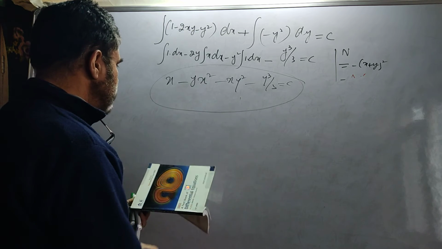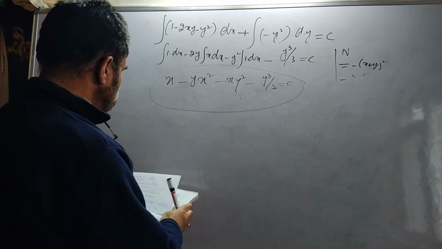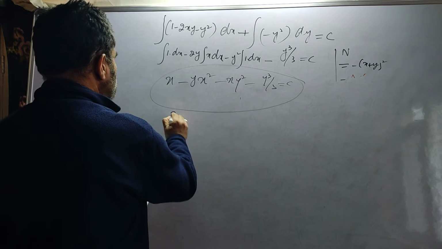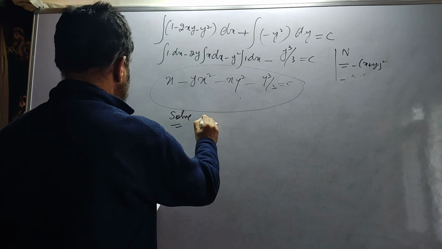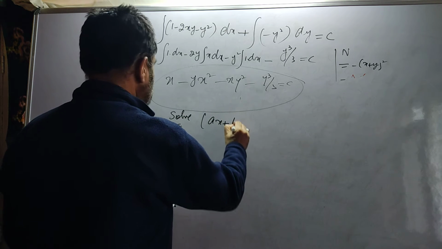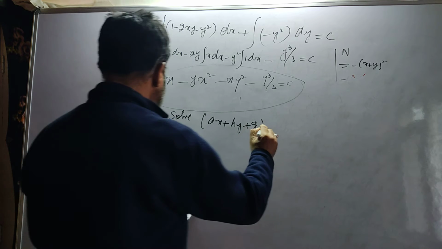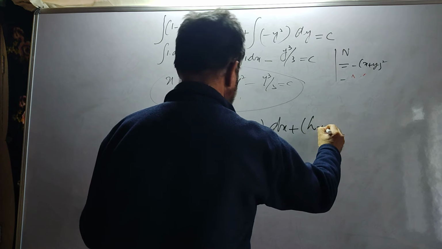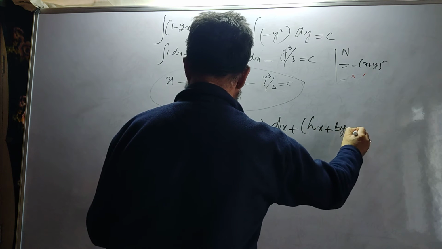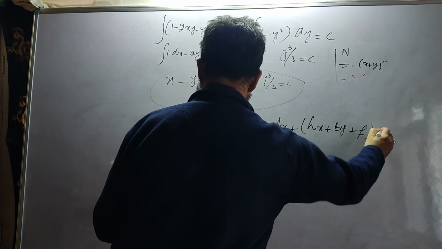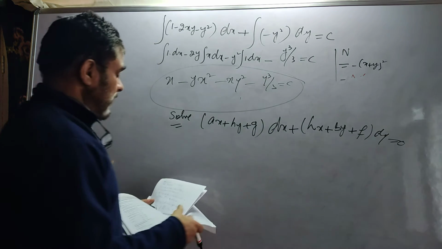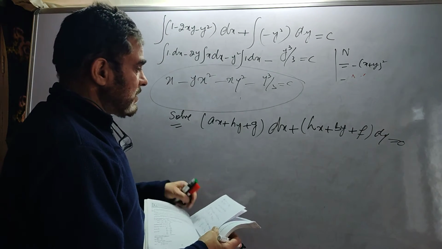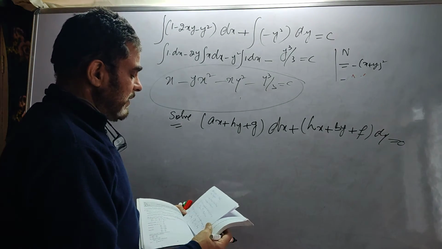Suppose you have to solve the differential equation (ax + hy + g) dx + (hx + by + f) dy = 0.